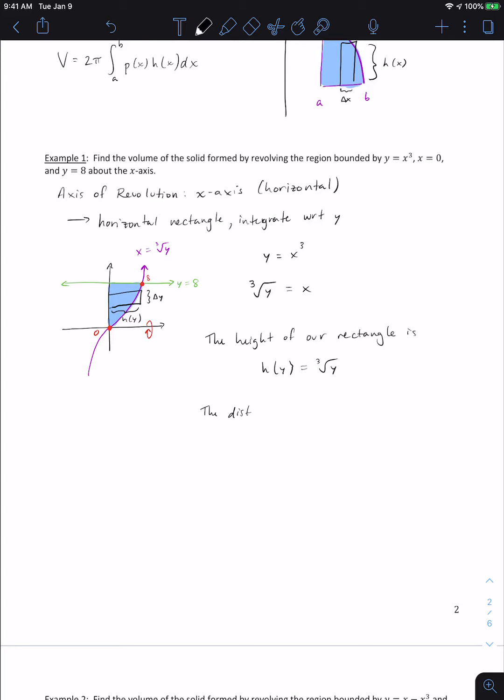Now p of y is the distance from the center of the rectangle to the axis of revolution. What's our axis of revolution in this case? The x-axis.